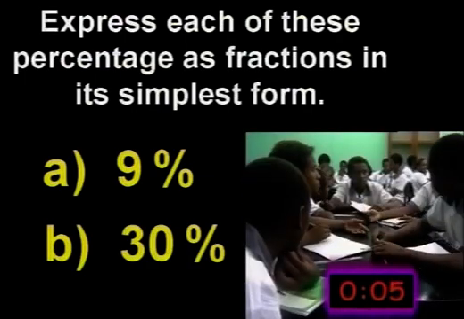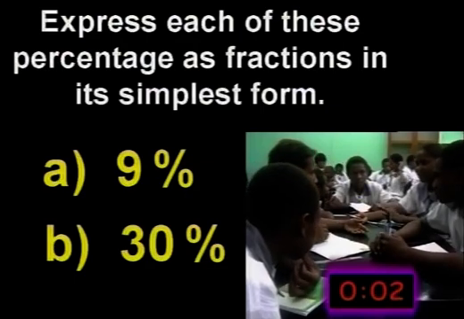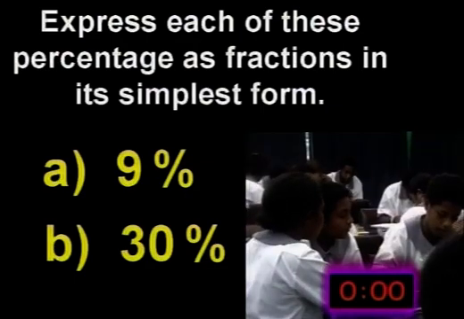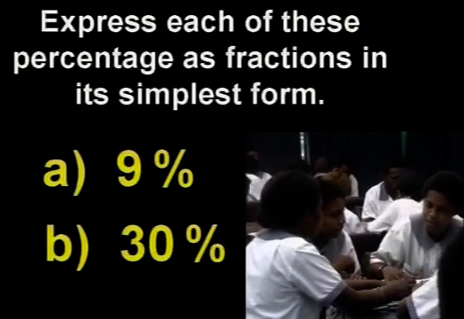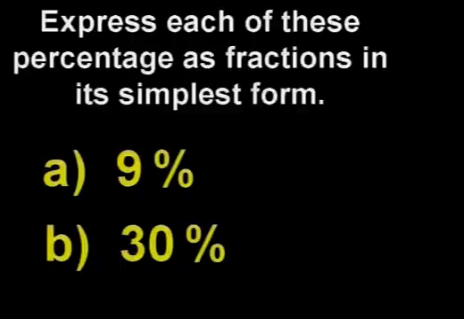Having in mind it's from percentage to fraction. Okay, I presume we have all finished. I would like volunteers to come up to the front to show your working out for how you have changed 9% as a fraction and also 30% as a fraction, and make sure you come up with your simplified answer.